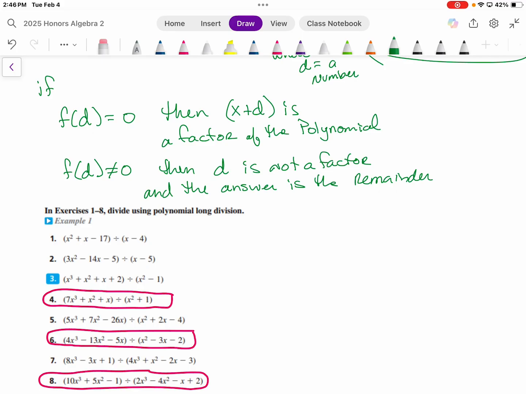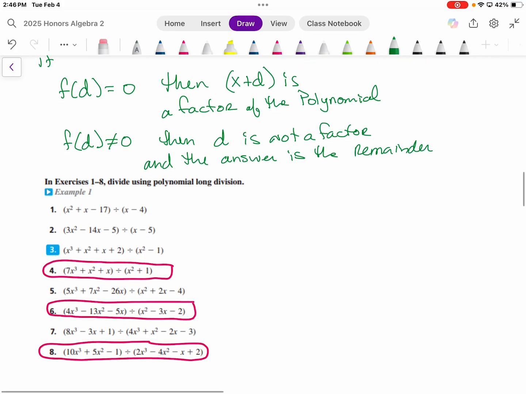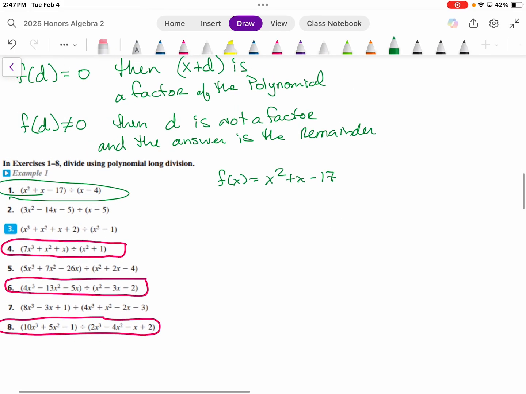So with that in mind, I'm going to use this first example here. F of x is technically equal to x squared plus x minus 17. And I'm trying to see, is x minus 4 a factor?